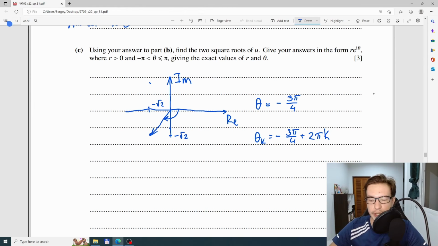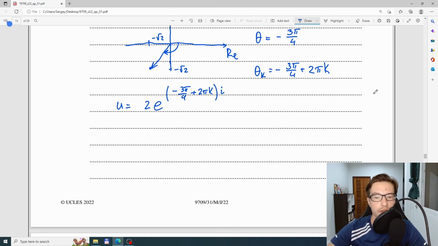Let's have a look. So our number equals 2 e to the power of minus 3 pi over 4 plus 2 pi k, i. Now, exponential forms are very useful whenever we have to find square roots, because a square root is the same as raising it to the power of 1 over 2.